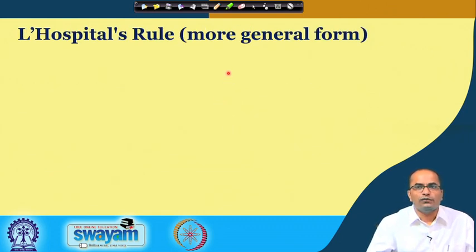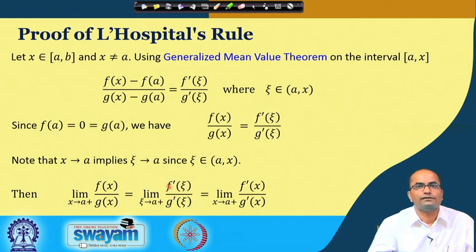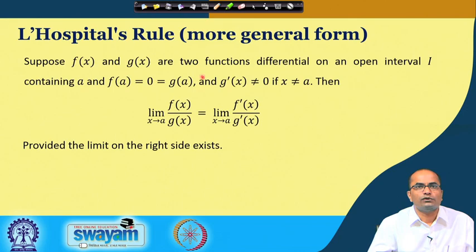There is a slightly more general form of this L'Hopital rule, because we note that we have taken x to a from the right side, since we had taken the interval a to b for the functions. So, this is a more general form.